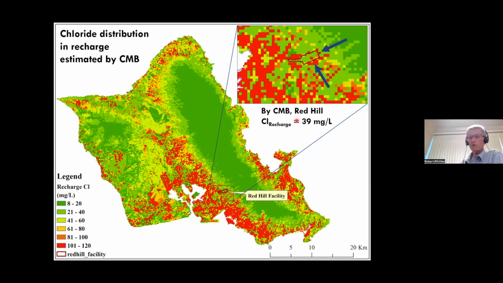So that means for a Maui-type flow, the groundwater should be less than 39 milligrams per liter. But if we go from Honolulu to Pearl Harbor, then we're flowing through areas of greater chloride groundwater recharge. So then our groundwater chloride should be greater than 39 milligrams per liter.